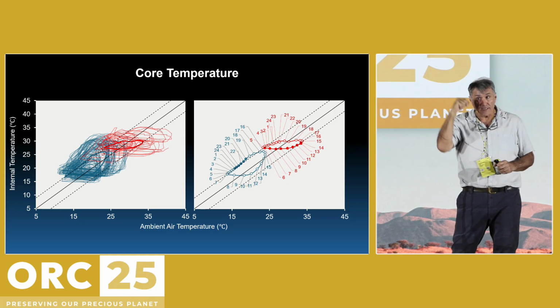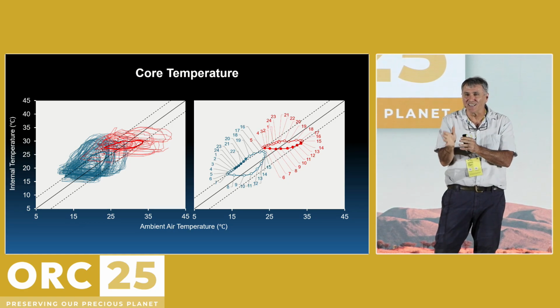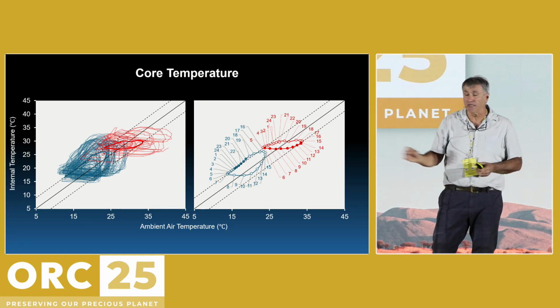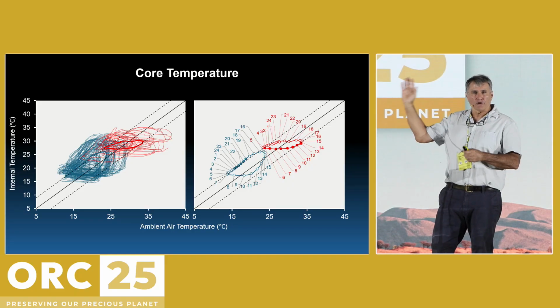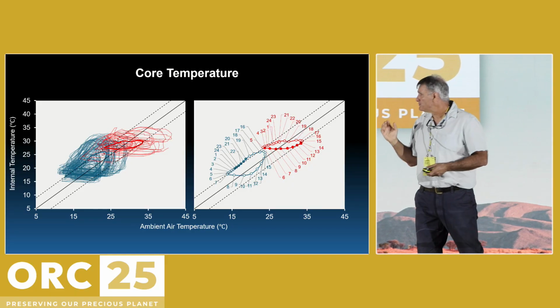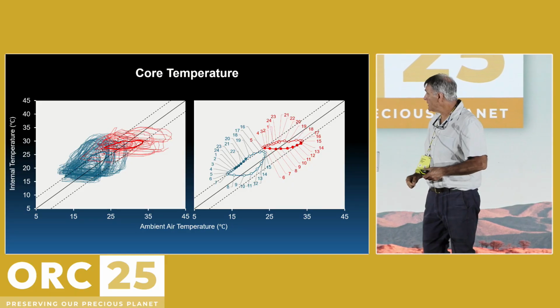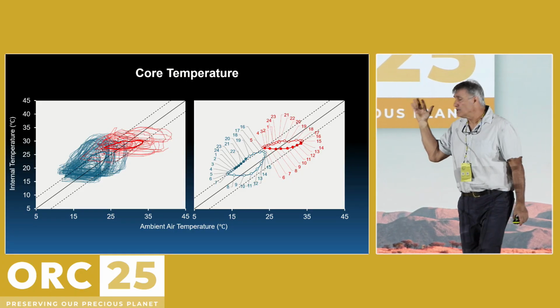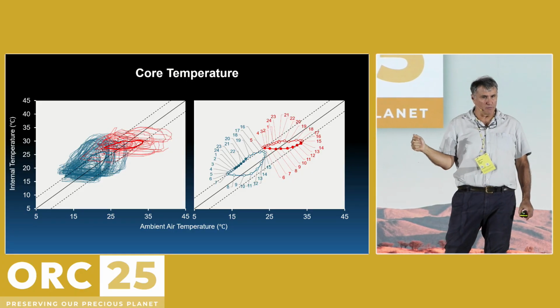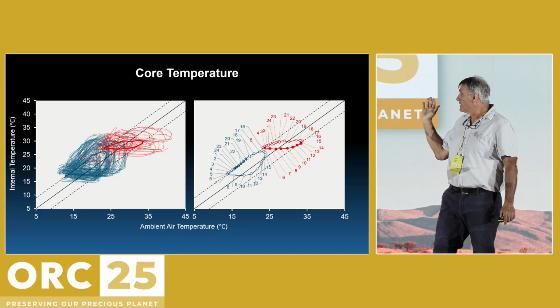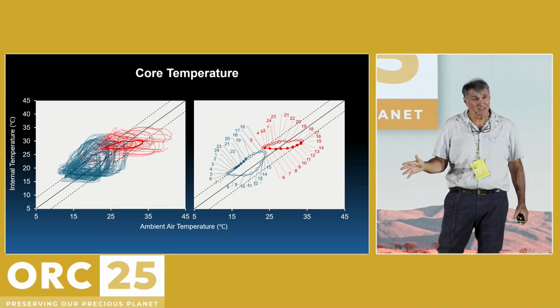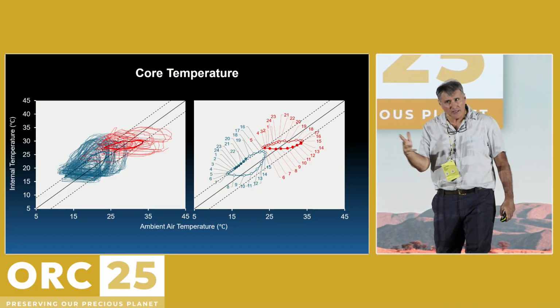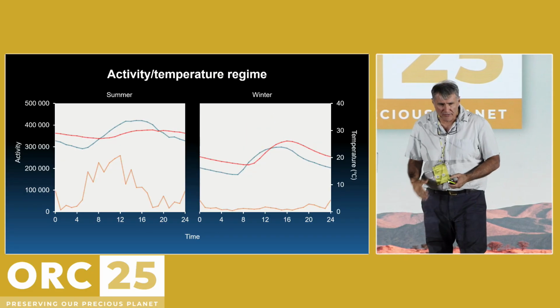And if you remember what I said previously about the crocodiles lying in the sun and basking at a certain time of the day, you see at that time the crocodile temperature suddenly starts to go up. But what's important here is that this is winter, and the crocodiles are spending most of the day warmer than air temperature. In fact, most of the night as well. So how doth the little crocodile do it?